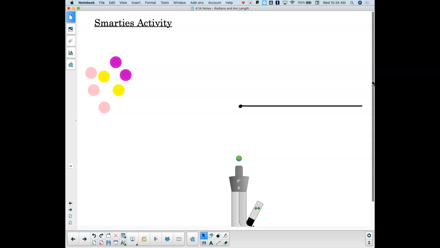What I would like you to do is put 7 Smarties on your line, edge to edge, 7 of them.